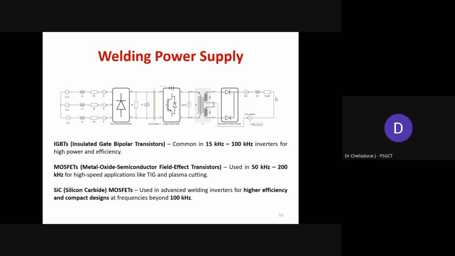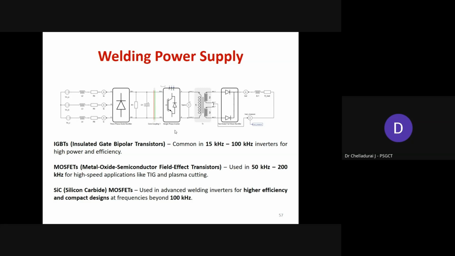If we use a very high current transformer on the AC side, especially at 50 Hz or 60 Hz, the size of the transformer is too bulky. So with the help of VSI topology, we can reduce the welding power supply size drastically.